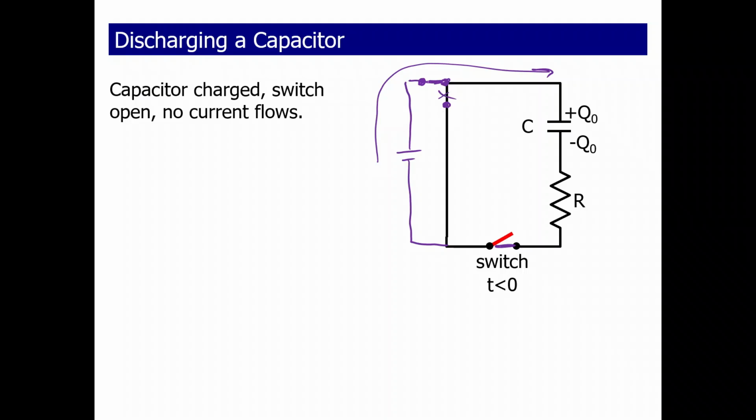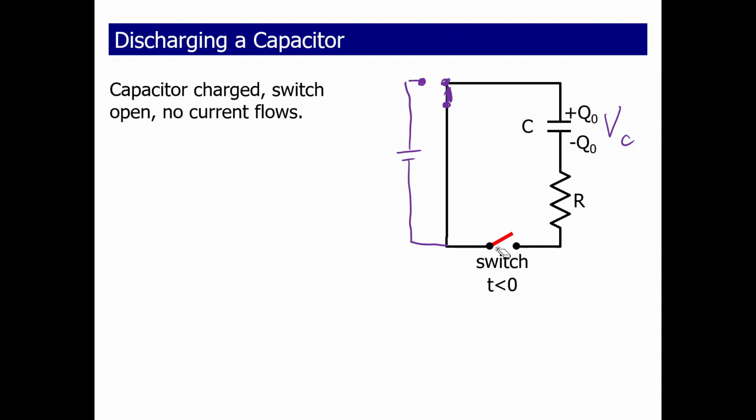And they say, okay, now that the capacitor's been charged for a really long time, let's move the switch down into this position so that isolates the power supply. And now you have this fully charged capacitor that has all this potential energy stored in it. And you've got this resistor, and now you have a connection.